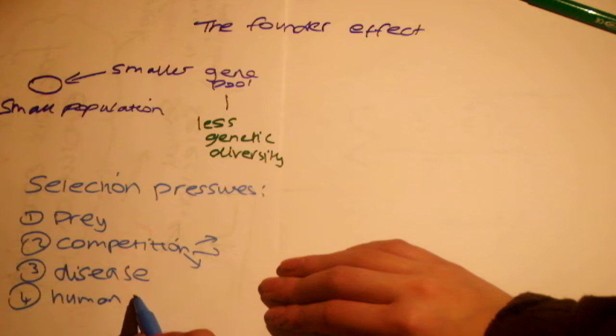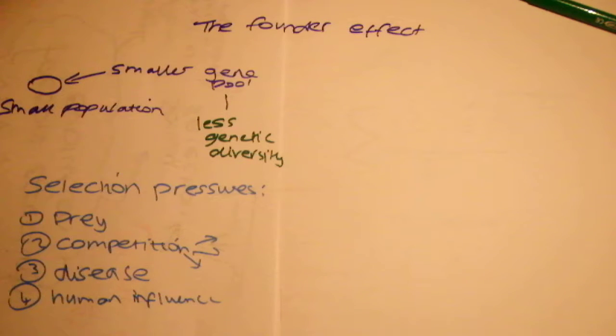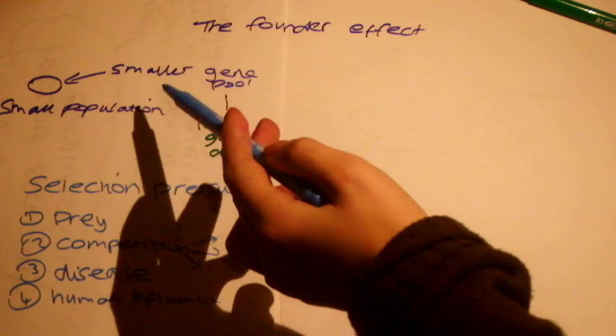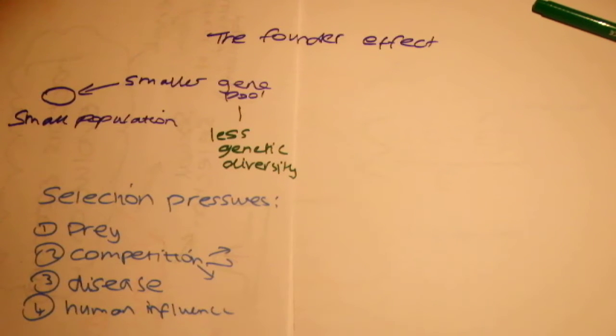Human influence. So small populations, like we see here, with limited genetic diversity cannot adapt and change as easily as large populations can, and therefore these smaller populations with the smaller gene pools are more likely to become extinct and vulnerable.